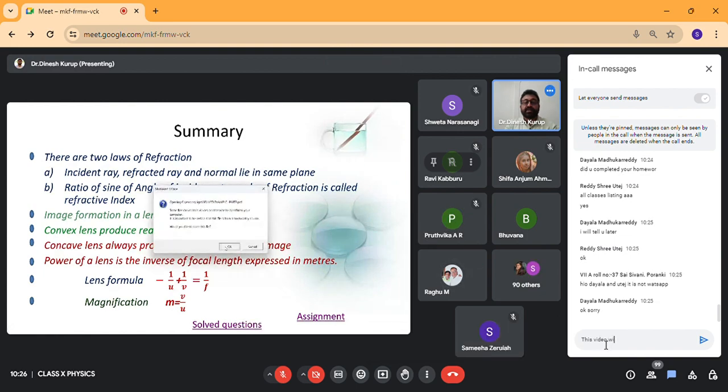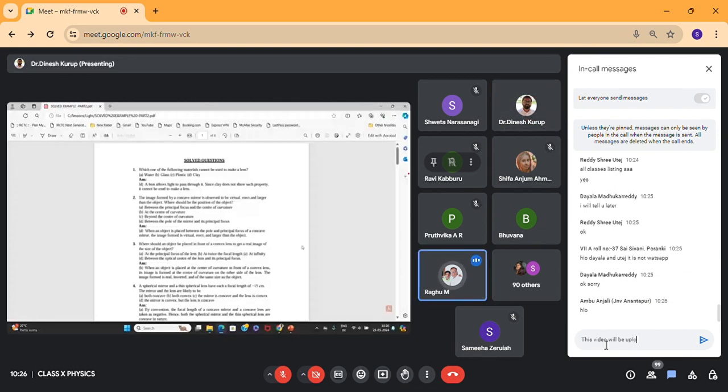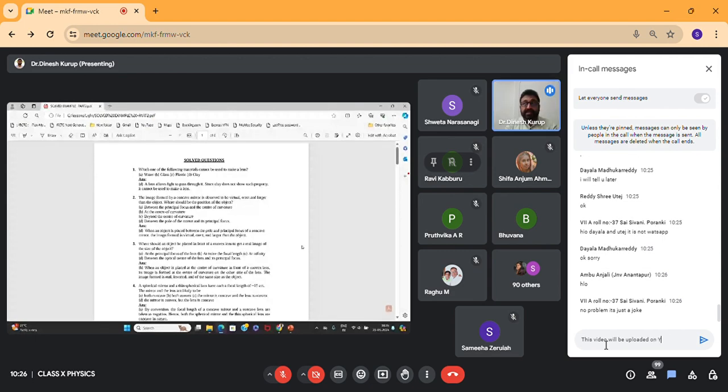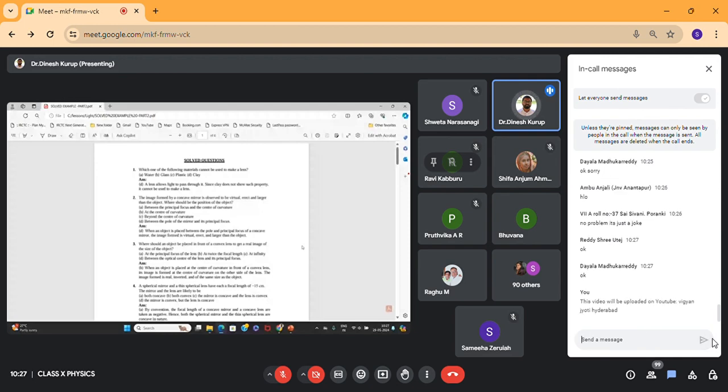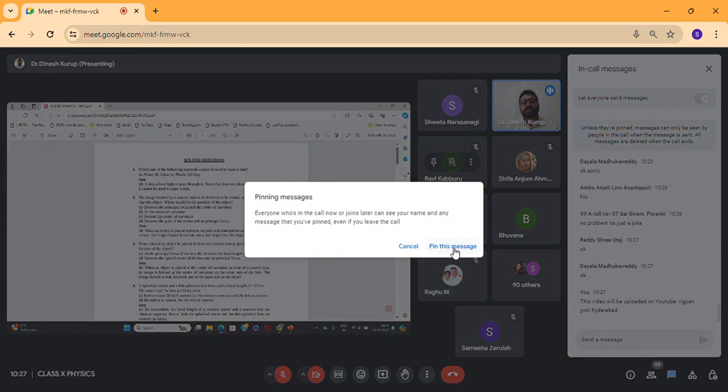Then let us try these questions one by one. Sir, what is the power of the lens which is present in our eyes? It depends on the focal length. So what is the size of your eyeball? It differs from person to person. Normally, it is a small eyeball, not that bulky or heavy. Normally, the focal length will be, I think, 3 to 4 centimeters maximum.